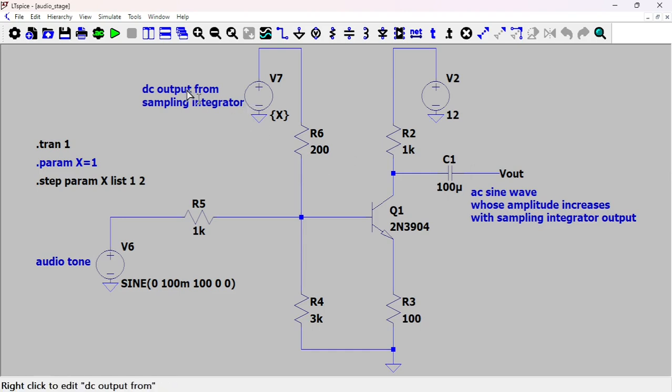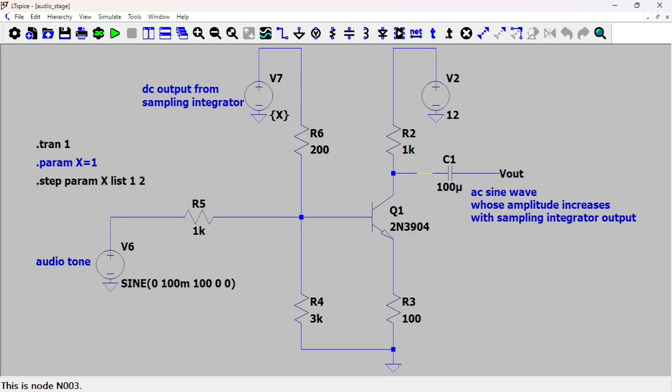Now, if you increase the DC output from 1 volt to 2 volts, this is going to increase maybe to 1.2 volt or 1.5 volt, I don't know. And in turn, this will make the transistor work harder, and this output will get louder.